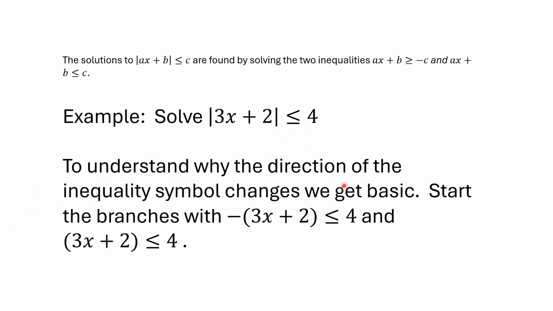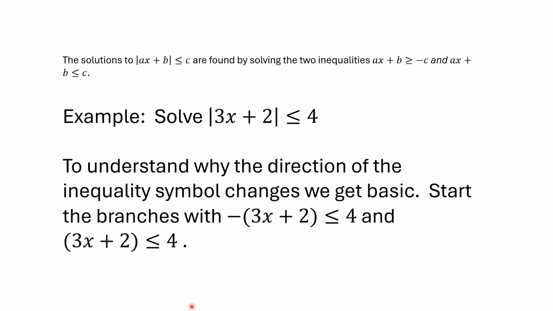To understand why the direction of the inequality symbol changes, we get basic. Start with the branches negative 3x plus 2 is less than or equal to 4, and 3x plus 2 is less than or equal to 4. When I have my students go through this, I always go back a step.